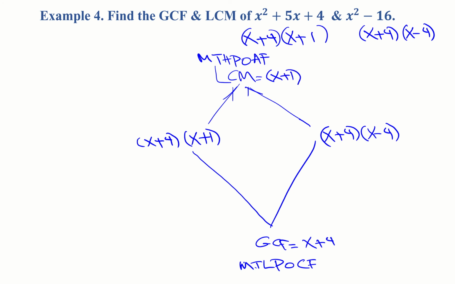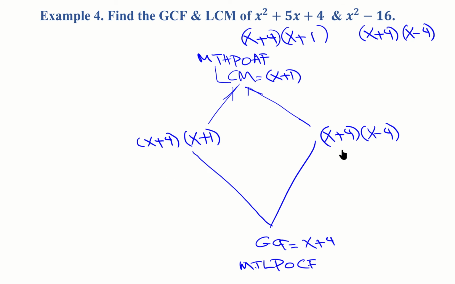The highest power of x plus 1 that we see is just x plus 1. The highest power of x plus 4 that we see is just x plus 4. Sometimes students make the mistake, they put the x plus 4 twice and they use x plus 4 squared. That's not necessary. Remember, you look at the factorizations and you simply pick the highest power that's available.